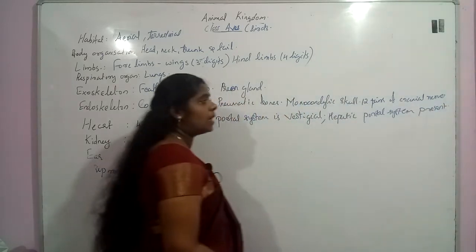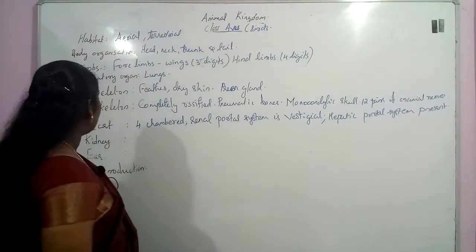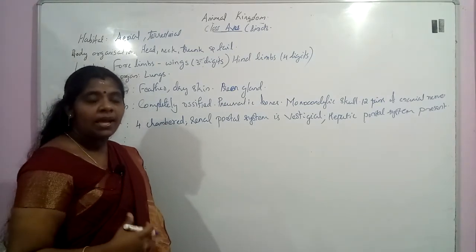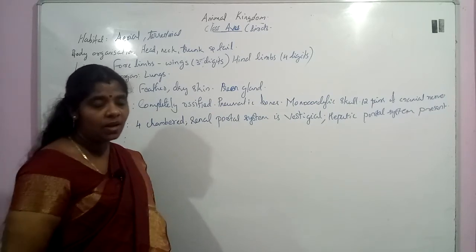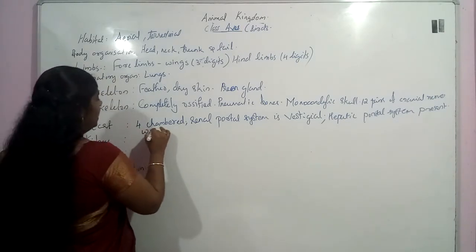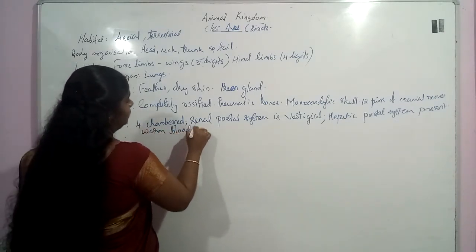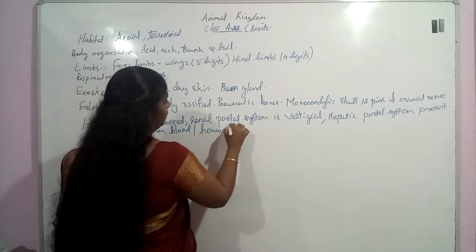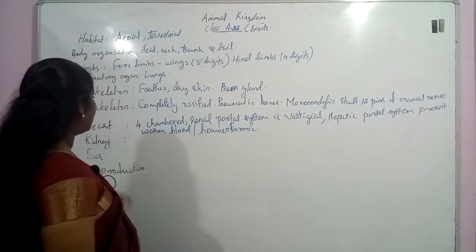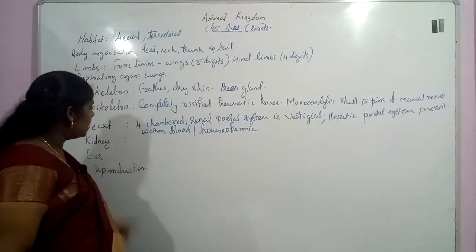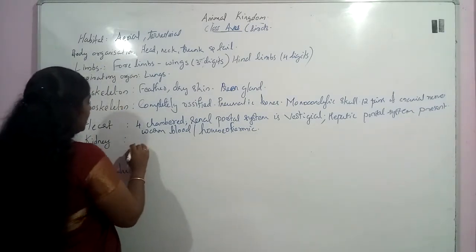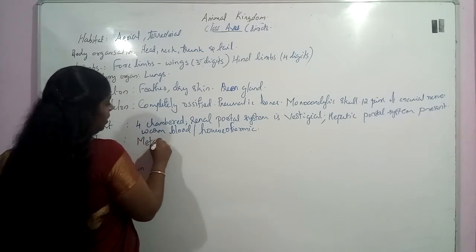Now, the RBCs of this organism are nucleate. Nucleate RBCs, not enucleate, are present in this group of organisms. And they have double circulation. They are warm-blooded or homeothermic organisms. Now the excretory system: it is a metanephric kidney.